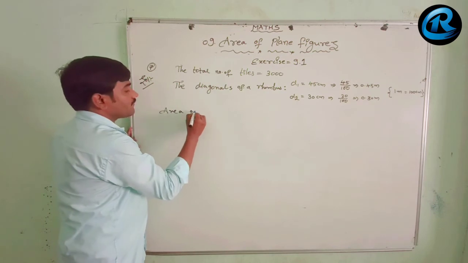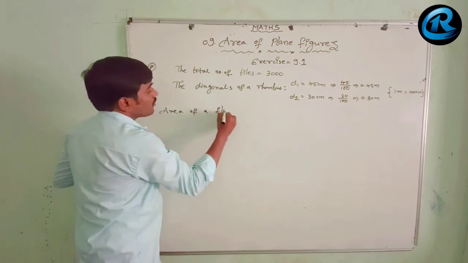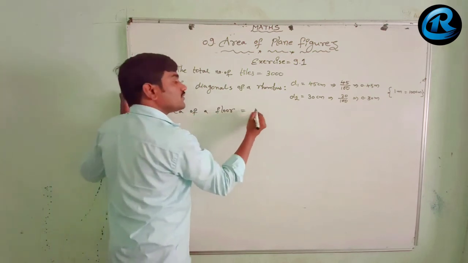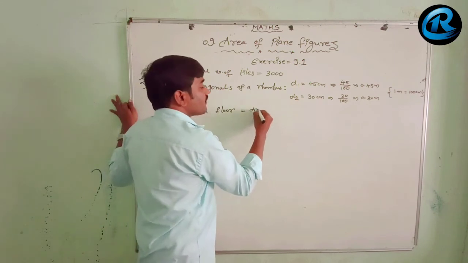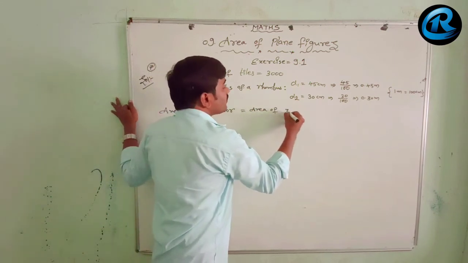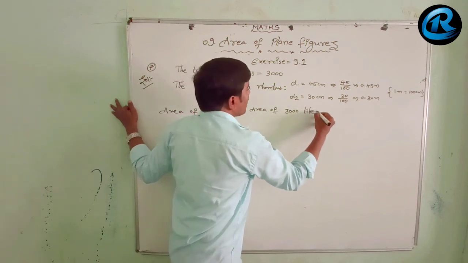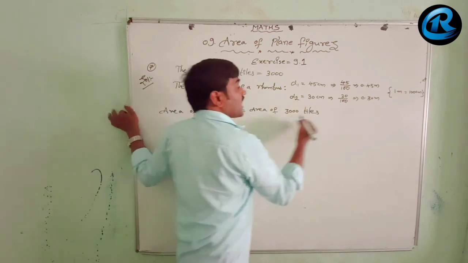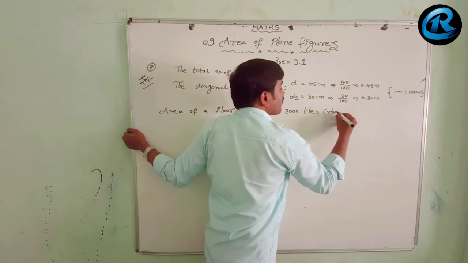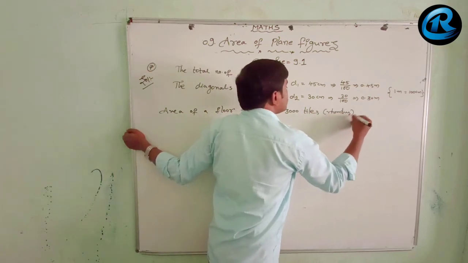Area of floor equal to area of 3000 tiles, each tile in the shape of a rhombus.